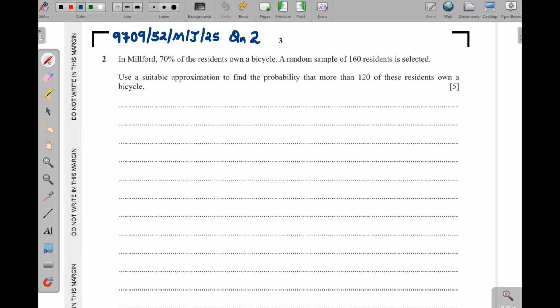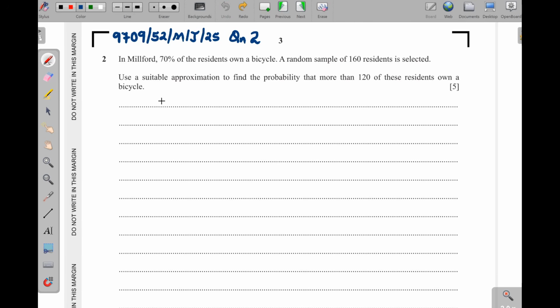But then if they say more than 120, then we have x greater than 120. That means we shall consider 121, 122, 123 up to 160. When will you finish? You won't. So that means we need to approximate this binomial to the normal distribution.